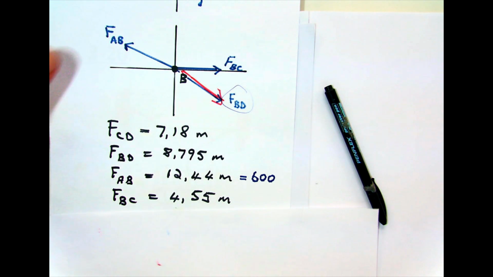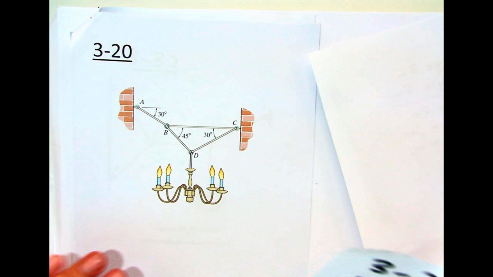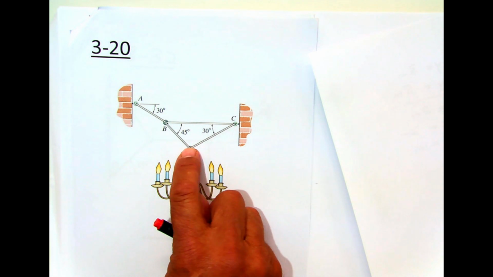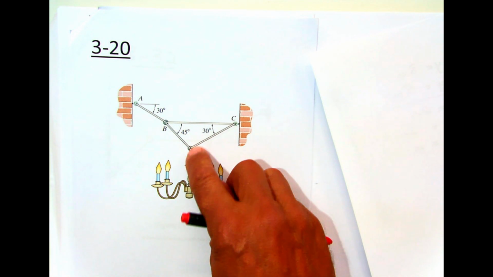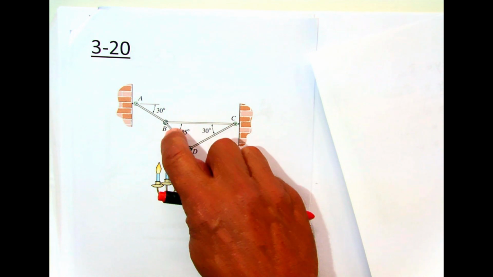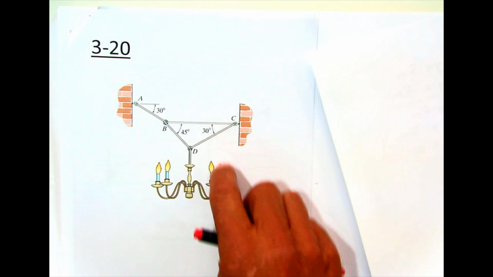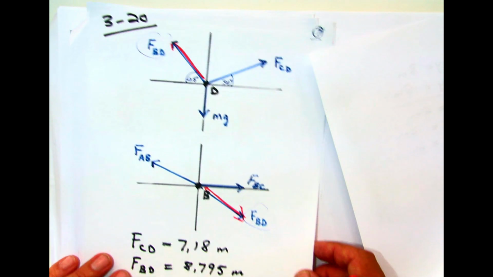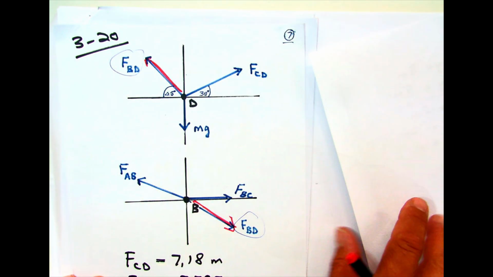So, to repeat quickly. As I say, problem 20 and problem 32 is similar. You first look at this one. You have this force and that force, and you have the weight, mg. And then you look at that one, and you know this force is the same as the force you found here. So as I say, you have three unknowns. You set up your equations.